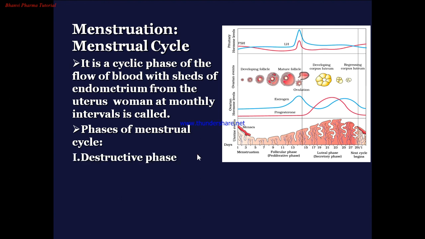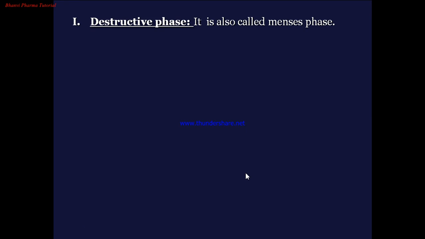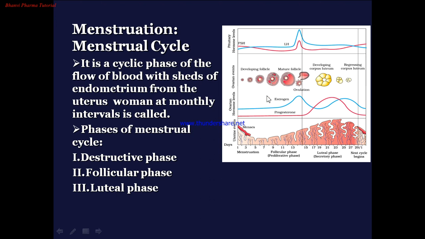There are three phases of the menstrual cycle. The first is the destructive phase, or menstrual phase, also known as the bleeding time or menses time.